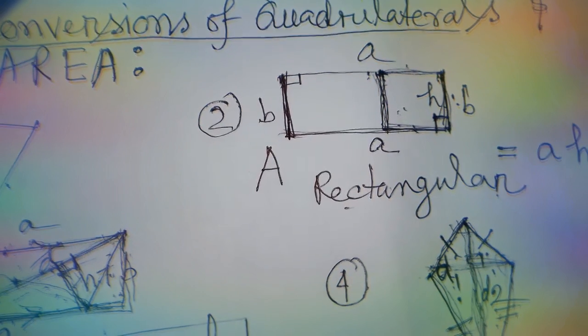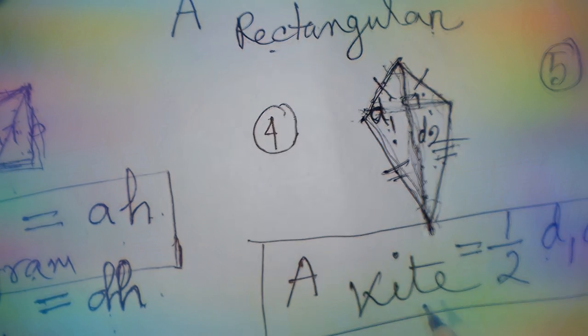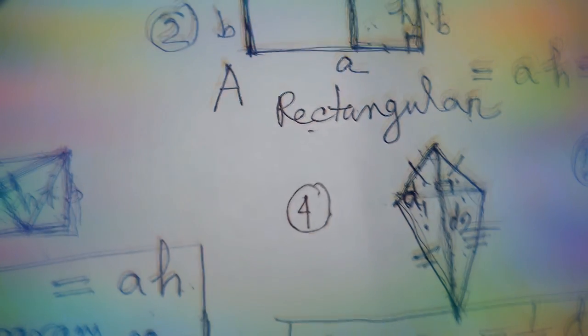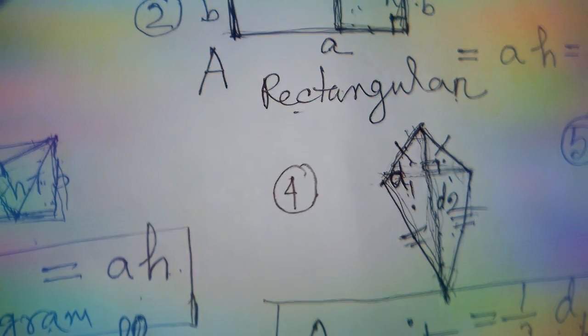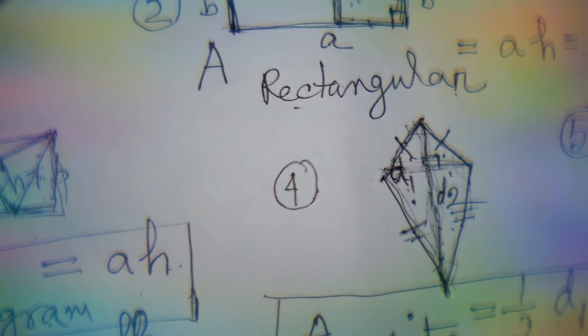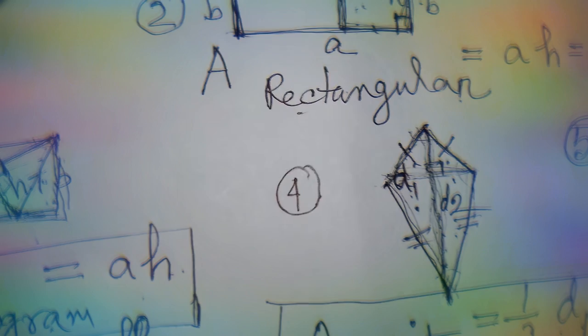Okay, so the area of a kite is equal to half D1 into D2, that is half the product of the diagonals.